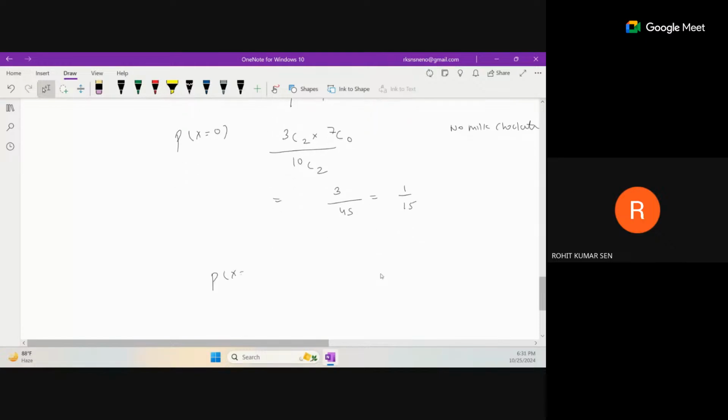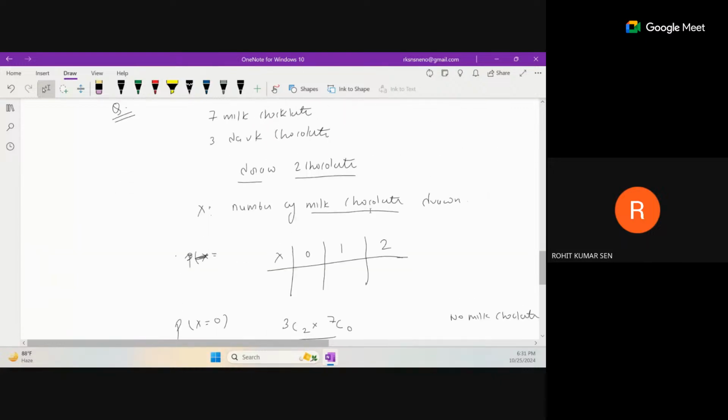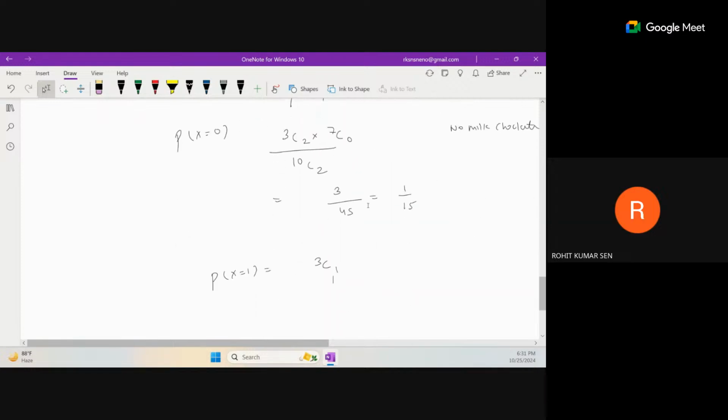What is the probability of x equal to 1, meaning 1 milk chocolate? We have 7 milk chocolate and 3 dark chocolate. One is chocolate drawn from dark, and the other is chocolate drawn from milk, and the possible ways are 10C2.